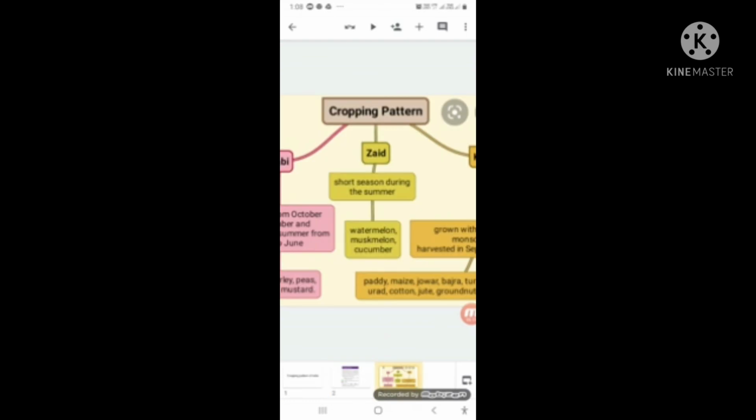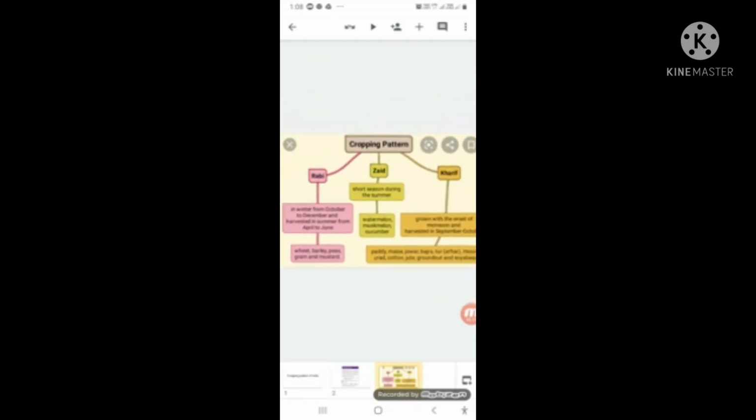Now, going to the cropping pattern of India, we have three cropping seasons: Rabi season, Zaid season, and Kharif season. Different crops are grown in these seasons. The first one is the Rabi season, and the crops grown in this season are called Rabi crops or winter crops.